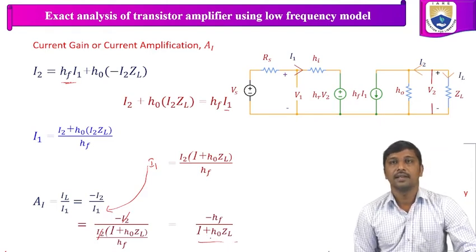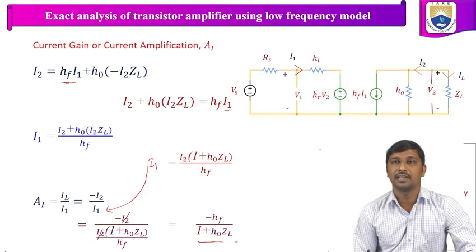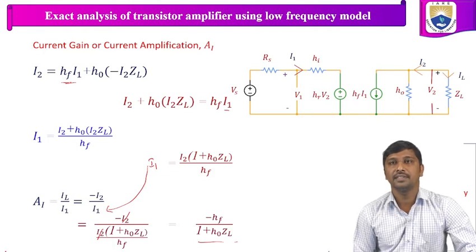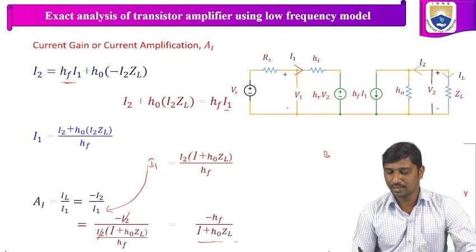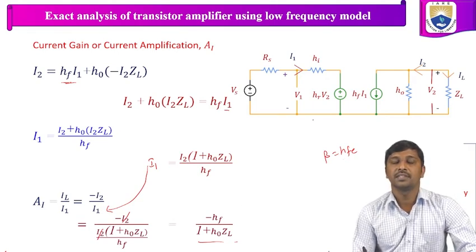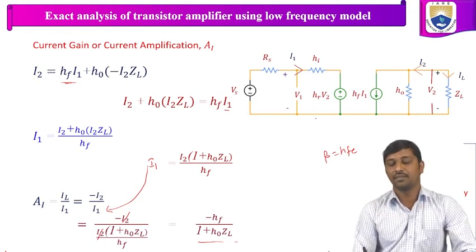So this is the current gain in terms of small signal analysis parameters or low frequency model parameters, where HF is represented as the forward current gain. That is also what we write as beta. Beta is also represented as HFE. I am writing HFE here because this is observed with respect to the common emitter configuration.